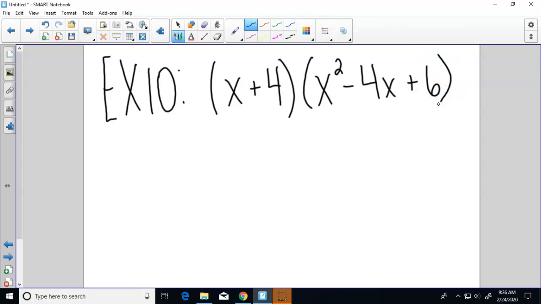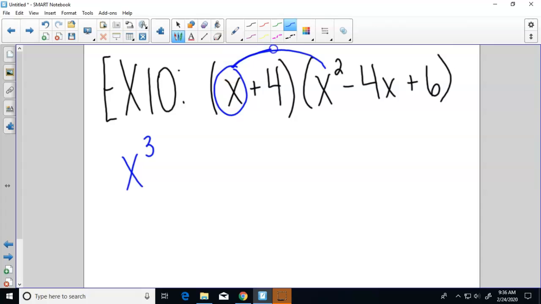Now, first, outers, inners, last will not work for this because you've got 3 terms in that second parenthesis. But distributing, like I have already showed you how to do, will work on this. So if we take our x and multiply it by our x squared, Aiden, what are we going to get when we do that? X times x squared. Yep, very good. X to the third.